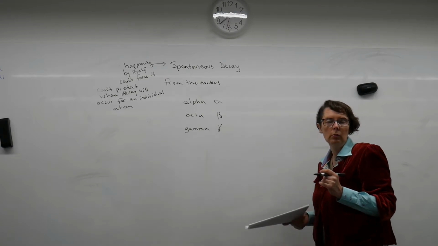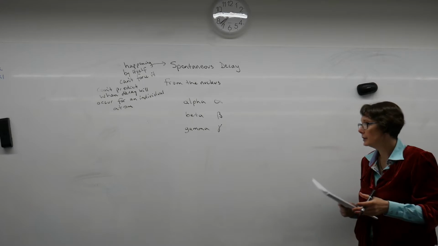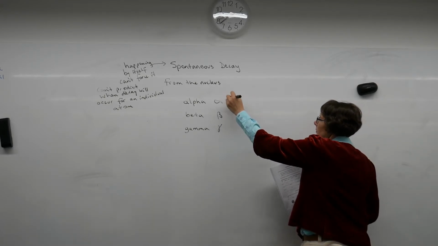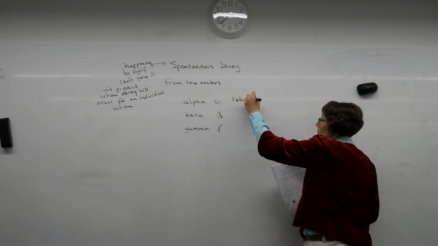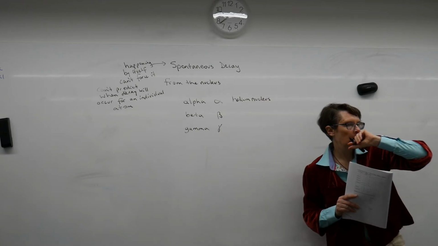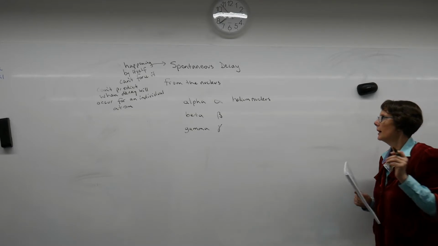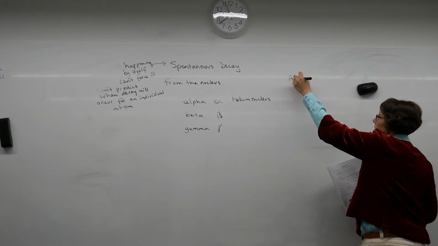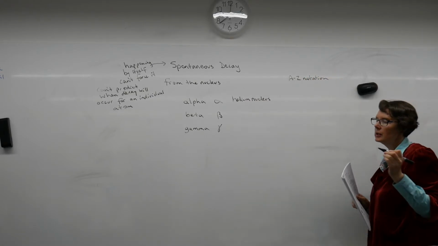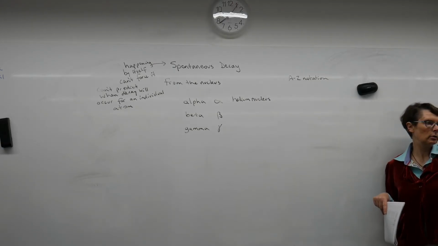But if we think about, well, what are they made of then? What is an alpha particle? It is a particle. It is a helium nucleus. And if I were to use that AZ notation to represent this helium nucleus, remember that on the bottom is the charge.